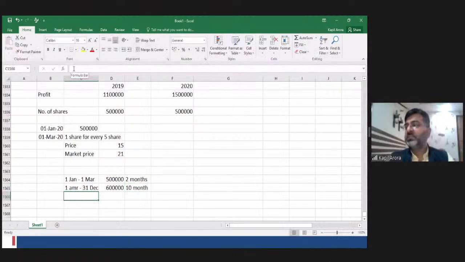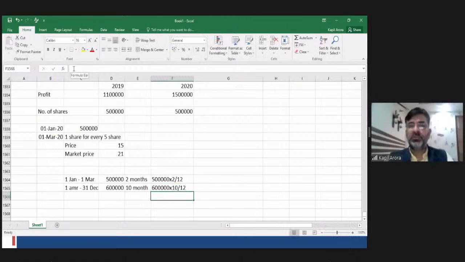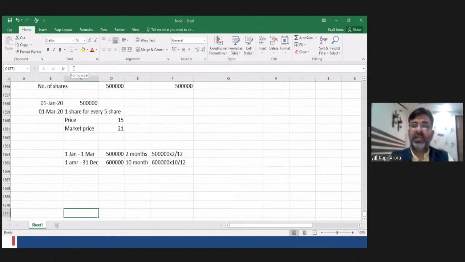Question comes that how the bonus element is being given. So for that, we will just apply the same concept which we have applied in case of bonus issue. What we are going to find out? We are going to find out the bonus fraction.